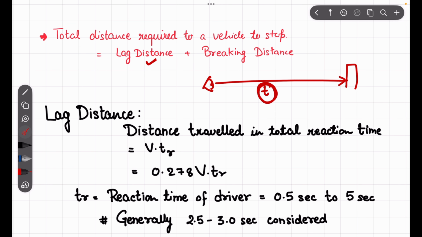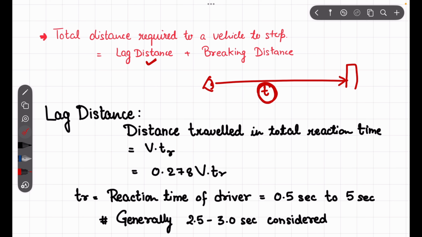Here, tr is the reaction time of the driver, which varies from 0.5 second to 5 seconds. This range depends upon the type of driver driving the vehicle.